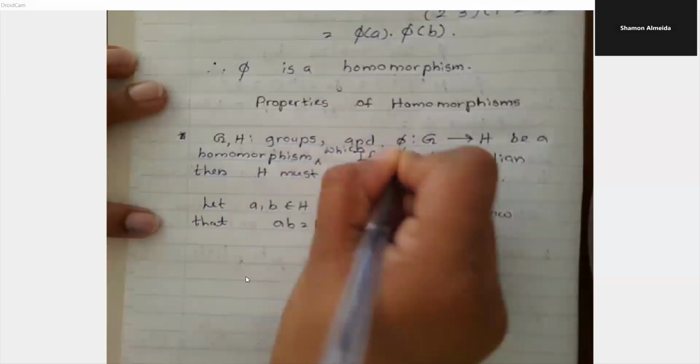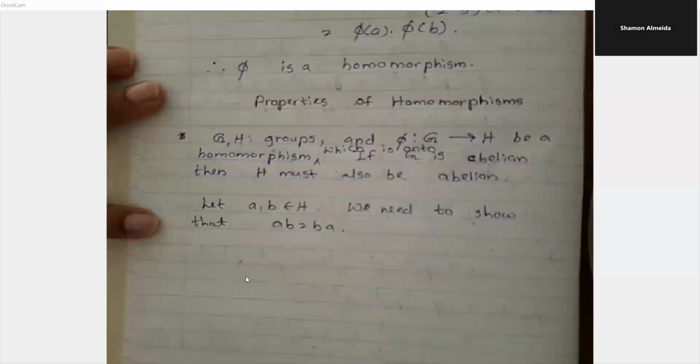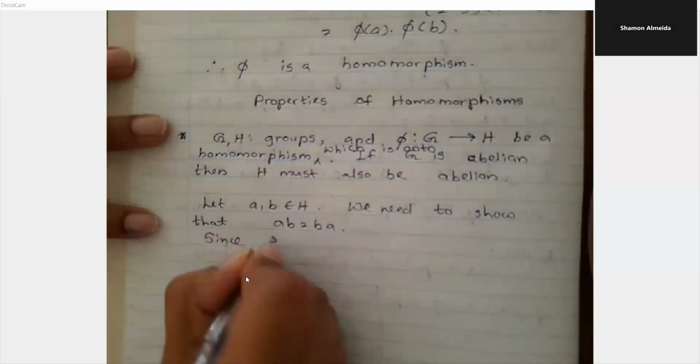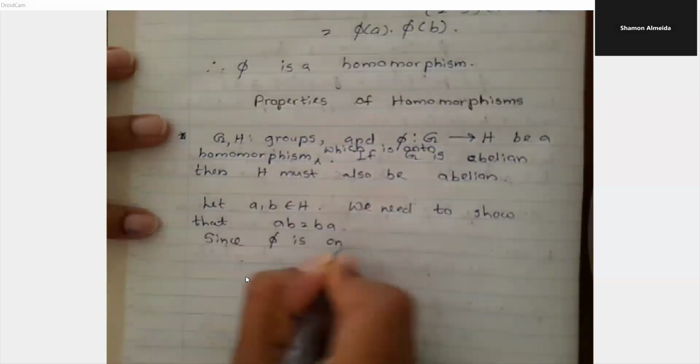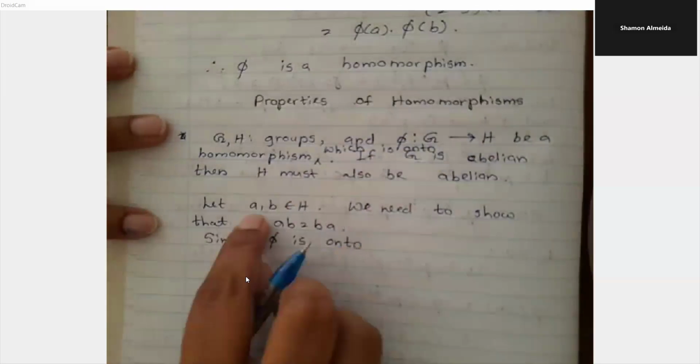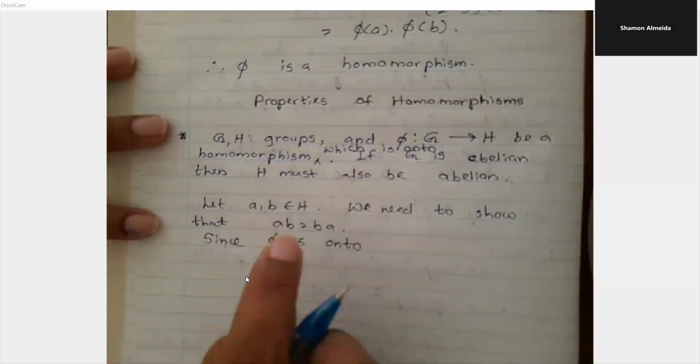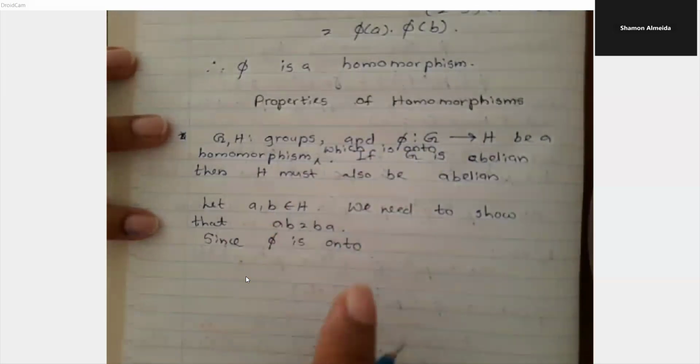Which is onto, let's say, right? Now let me write, since phi is onto, for any elements A, B in H, we must have some elements in G which map to those elements through the map phi, right?